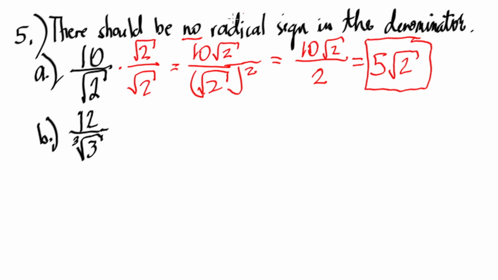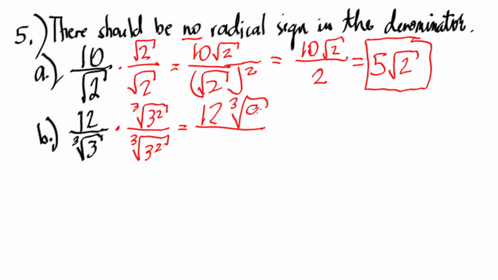For letter B, we need to get rid of the cube root of 3. Similarly with the one above, we need to multiply by the cube root of 3 squared. So if I do that, what do we have? For the numerator, we have 12 times the cube root of 3 squared. 3 squared we know as 9.